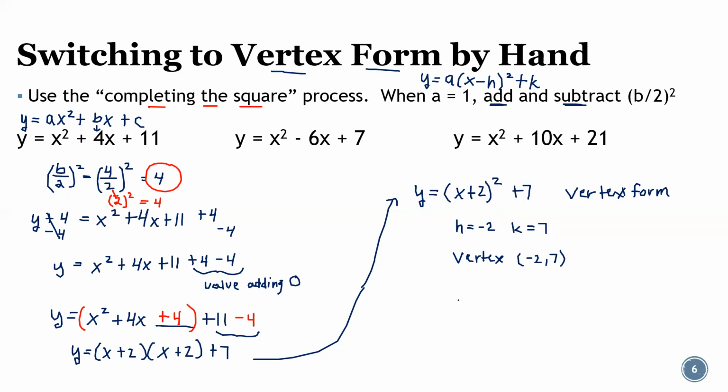I could very easily sketch the graph because we have a positive a value, so we know it is a concave up graph, and the vertex, the minimum point, is at -2, 7. I go over here to up 7. I won't count that out, I'll just make it approximate. And then I'm going to have a parabola shape because of the squared, and a concave up with that minimum point that we just calculated.